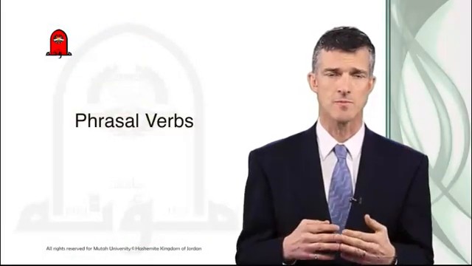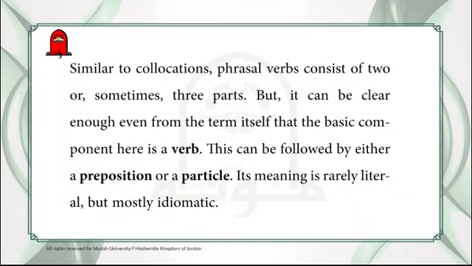Phrasal verbs. Similar to collocations, phrasal verbs consist of 2 or sometimes 3 parts. But it can be clear enough, even from the term itself, that the basic component here is a verb. This can be followed by either a preposition or a particle.